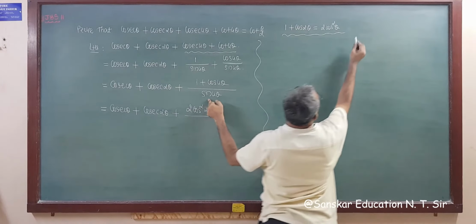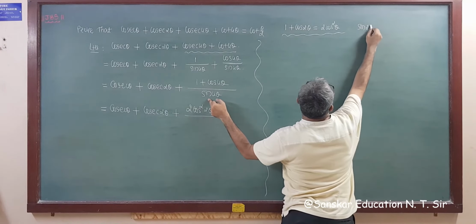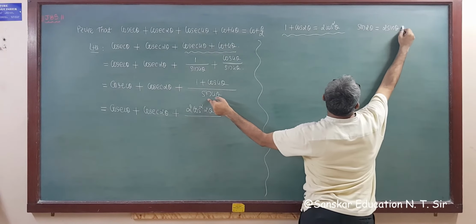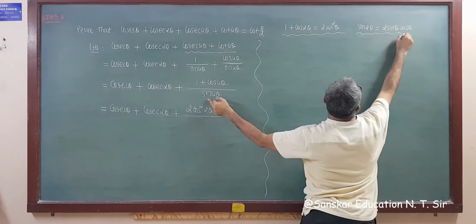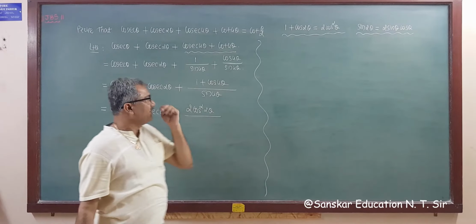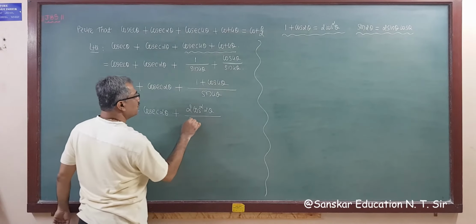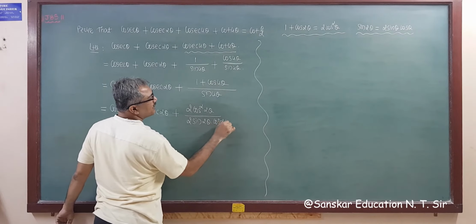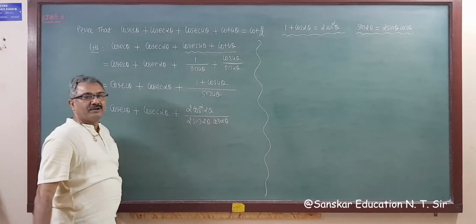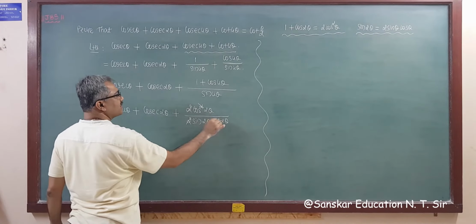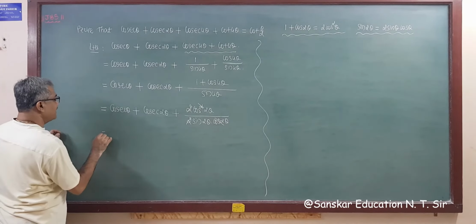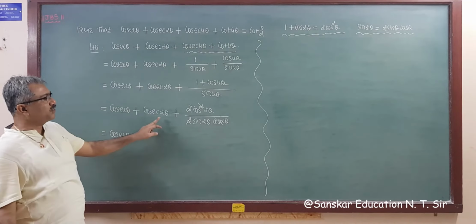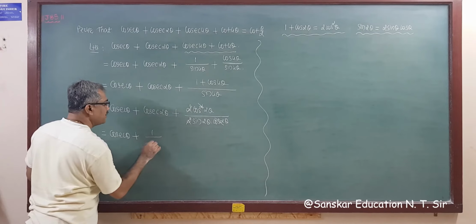We have one formula also: sine 2 theta is 2 sine theta cos theta. So sine 4 theta means 2 times sine 2 theta into cos 2 theta. So this 2 and this cos cut. So this is cosec theta plus, now cosec 2 theta is 1 upon sine 2 theta.